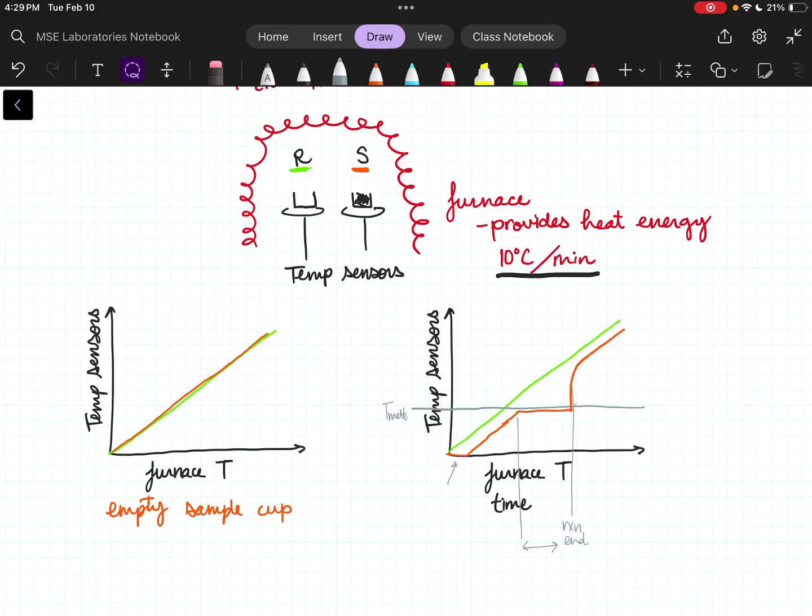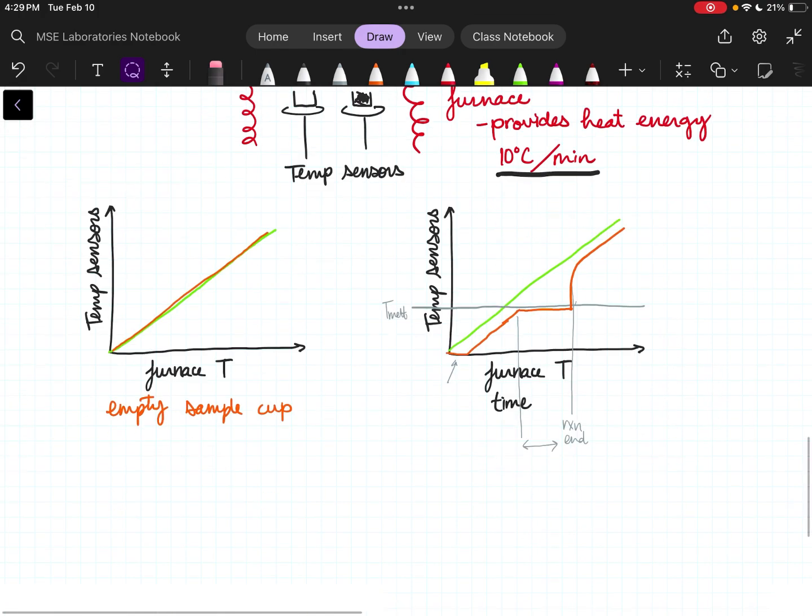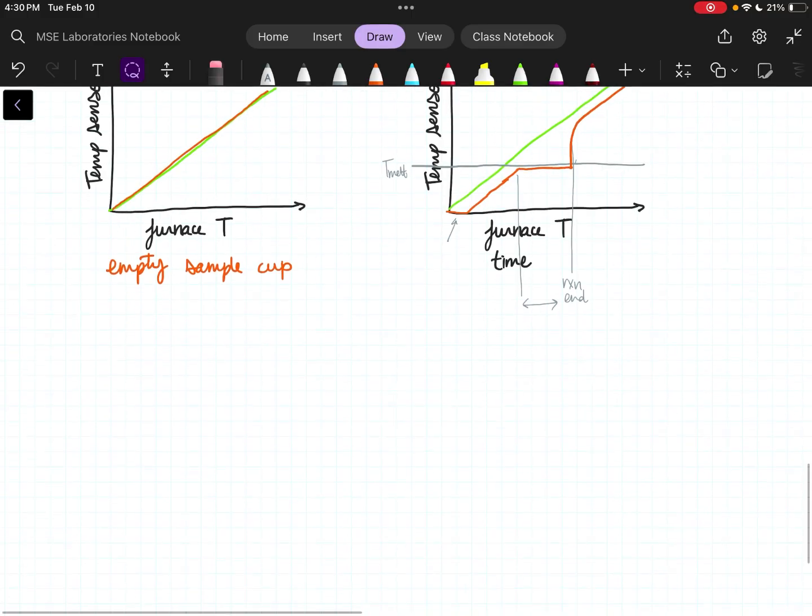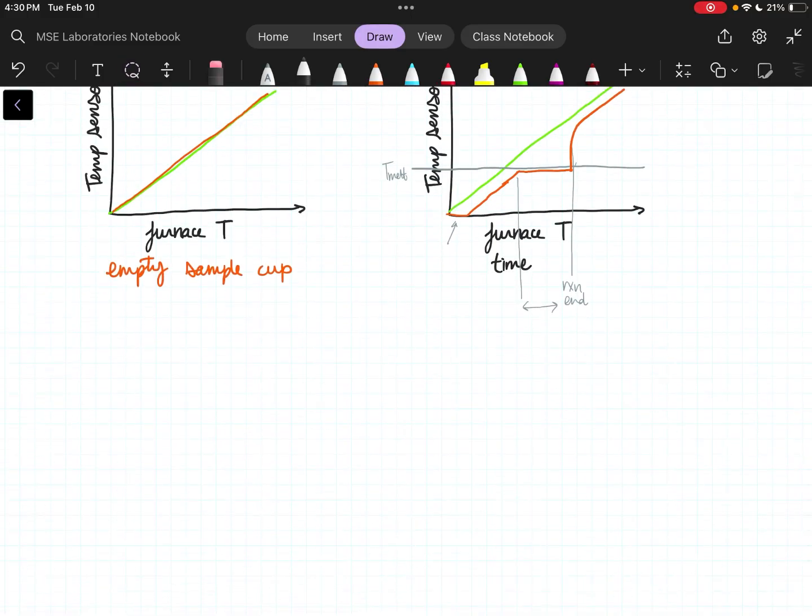And then what we do is we take this, we flip it on its side, and we subtract this straight reference value, this green line, from the sample line, and we get a line that in reality looks like this.